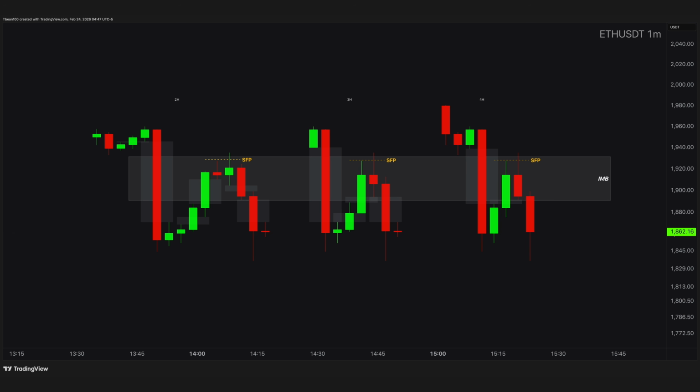And that area was also combined with multiple swing failure patterns lining up together. So by using our indicator, we quickly identified this zone, and then we used the price action concept called the swing failure pattern to further confirm and fine-tune our great entry areas.